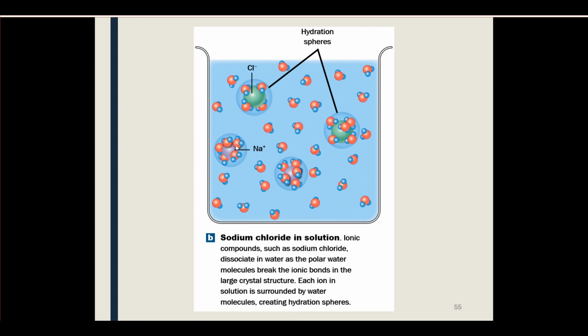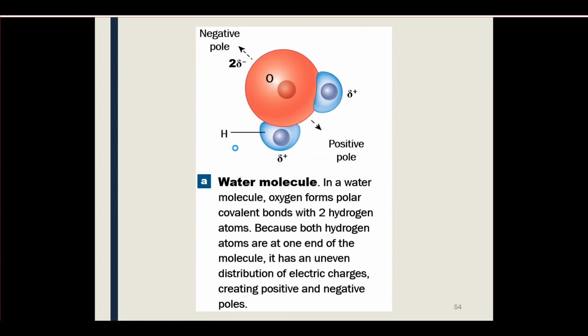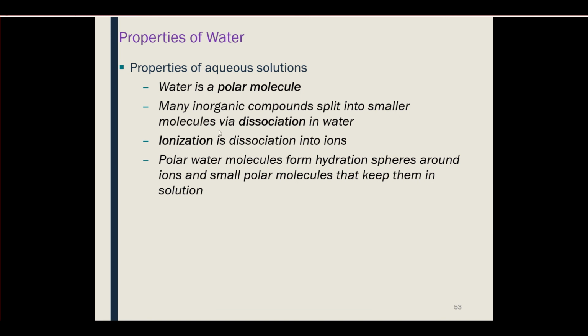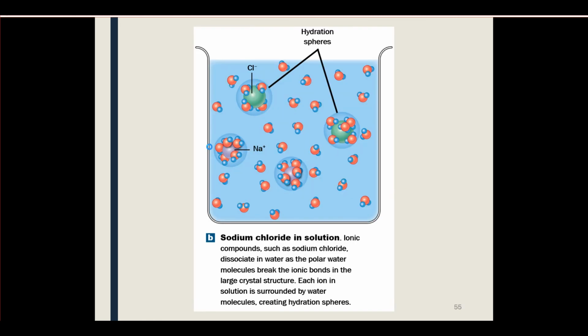A lot of different chemicals will do this. This process of splitting something is known as dissociation. A type of dissociation where we actually form ions is known as ionization. It's kind of the same thing as dissociation, but it's telling us that we're forming ions. Okay, so these are known as hydration spheres.